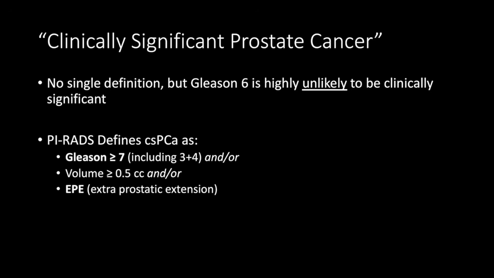Well, unfortunately, there's really no standard definition, but the definition used in PI-RADS is up here on the slide. An easy but definitely oversimplified way to think about it is Gleason 7 or higher is going to be clinically significant, and Gleason 6 is highly unlikely to be clinically significant.